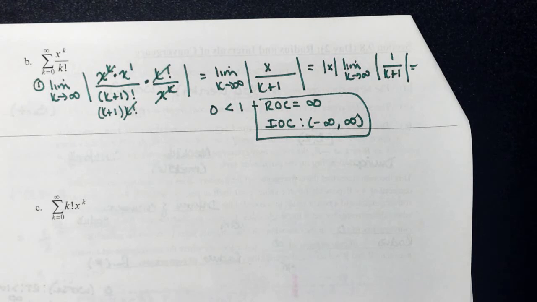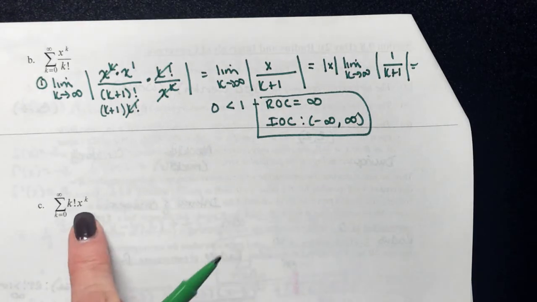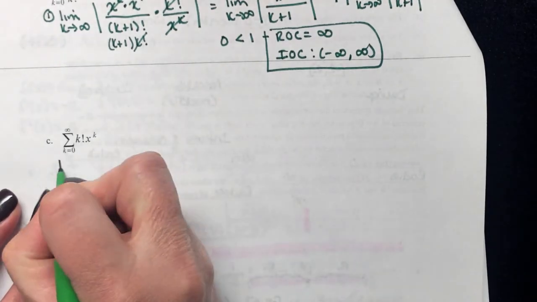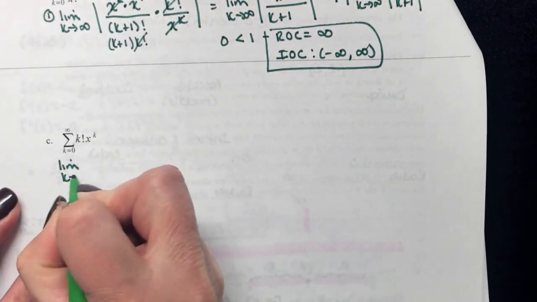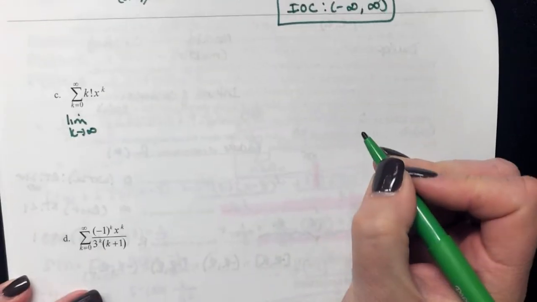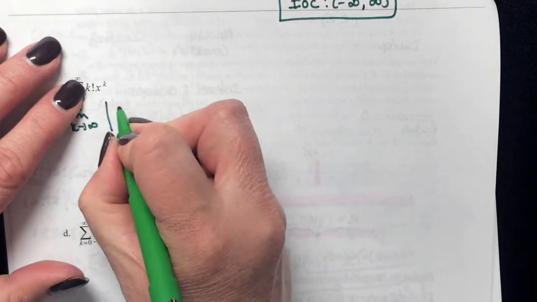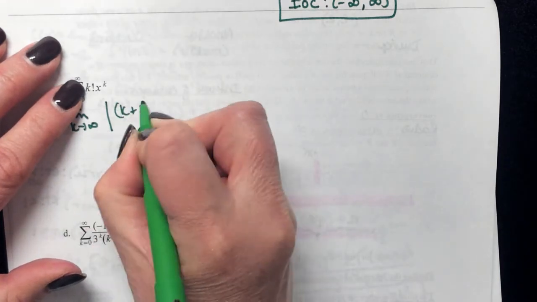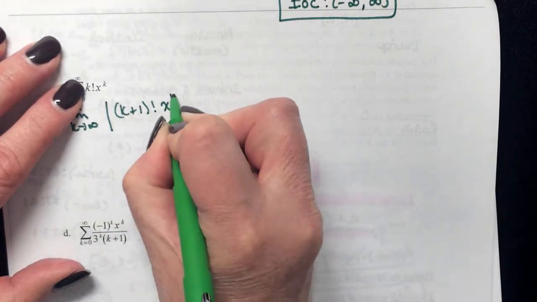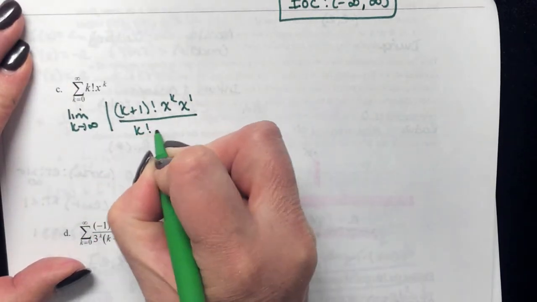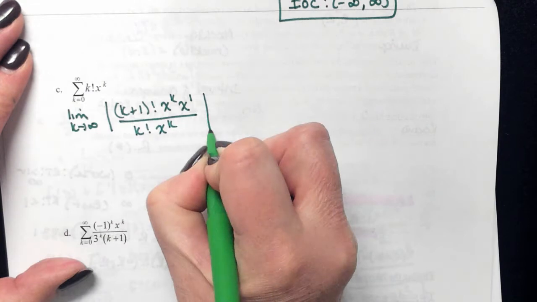Let's take a look at C. K factorial times x to the k. Again, we're going to use the ratio test for absolute convergence. So I'm going to find the limit as k goes to infinity of the absolute value of k plus 1 factorial times x to the k, x to the first, all over k factorial times x to the k.